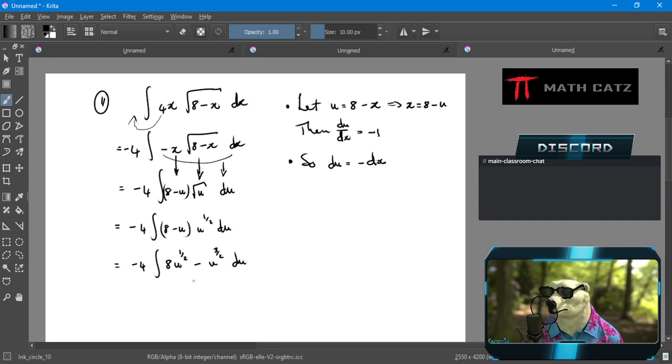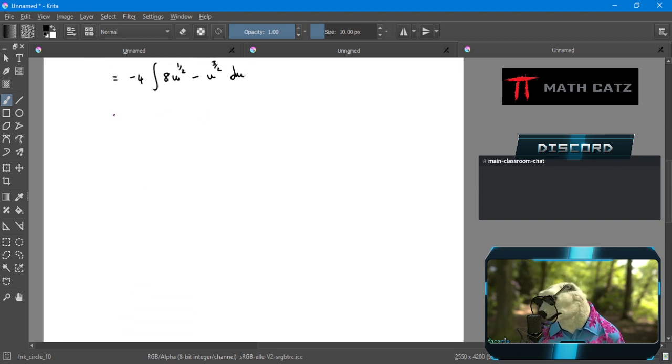And now I'm in one of my basic reversing basic properties power rule situations. I leave my -4 in front. Antiderivative of 8u to the 1/2. The 8 gets put in front. It's going to have to be u to the 3/2, but I need to catch that 3/2 when the power rule brings it out with the 2/3.